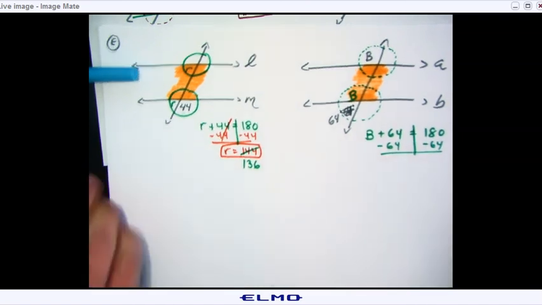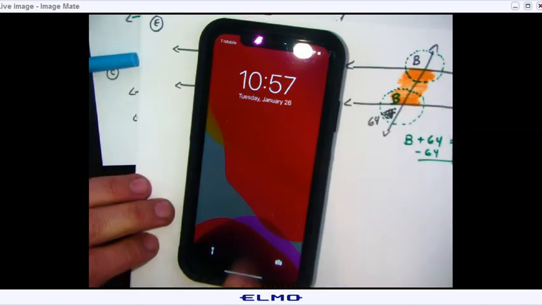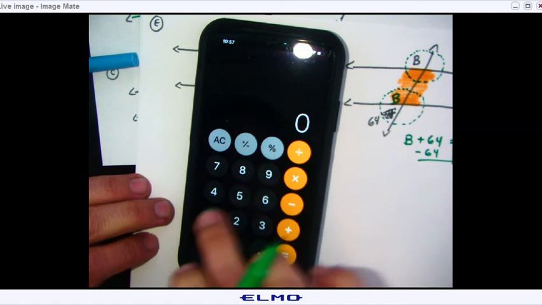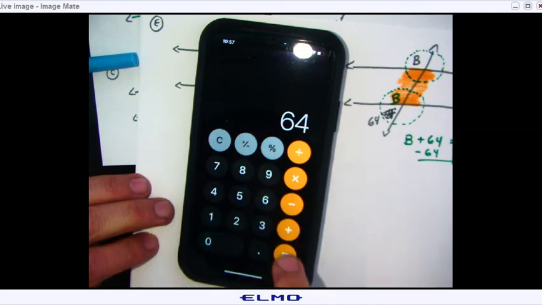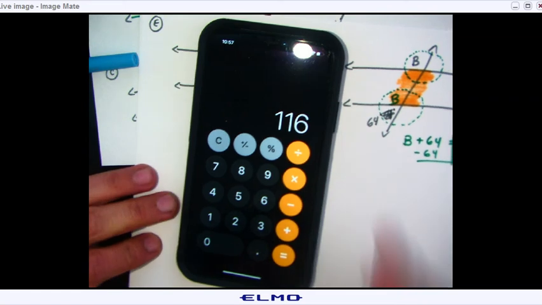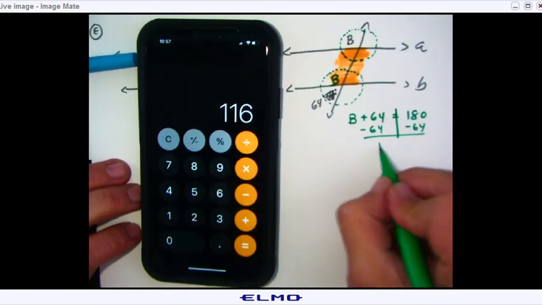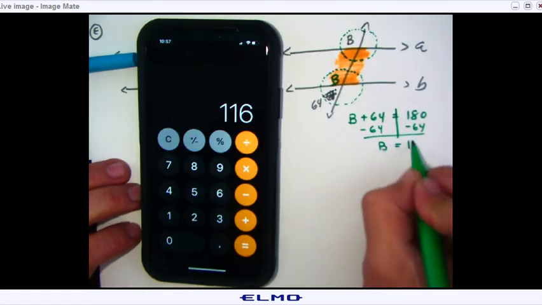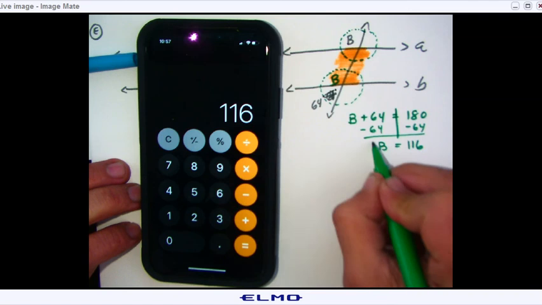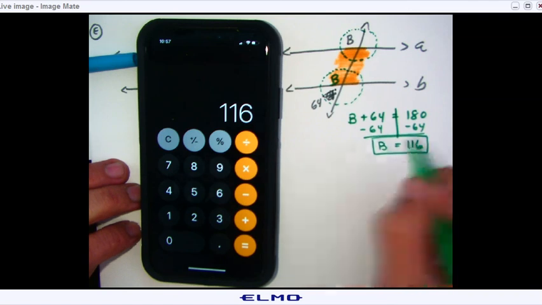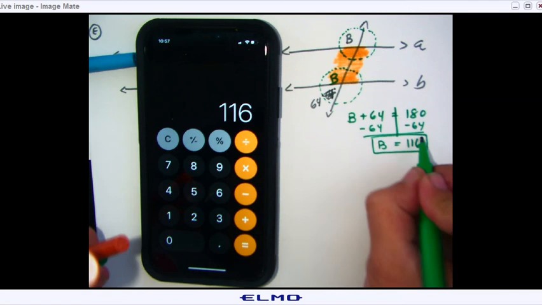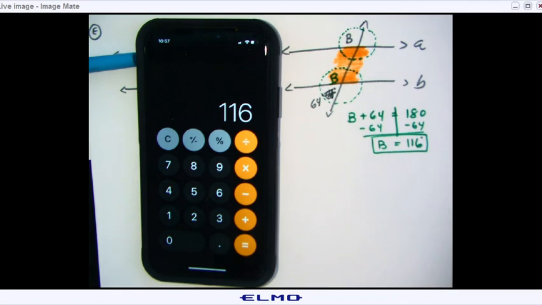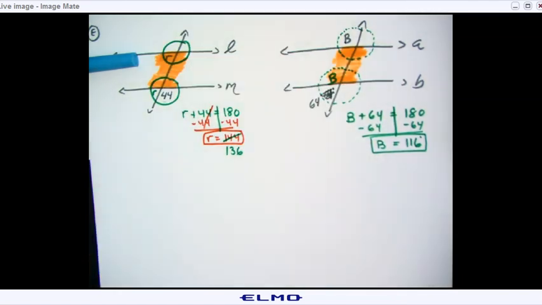And now let me do the calculation again. 180 take away 64 is 116. So the measurement of angle B is 116 degrees. All right, let's go ahead and stop the recording.